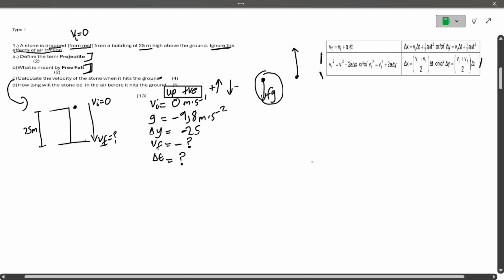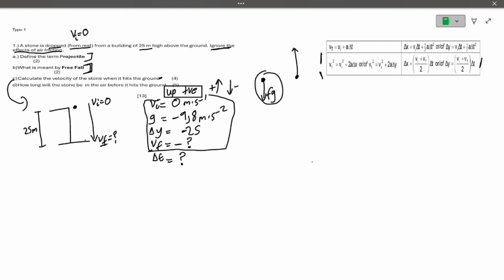So let's see a formula in which we can plug all these variables, and then we find the v final. This one you cannot use because there's time. Let's come to this one. This one you can, because every variable is there: we have the final velocity, we have the initial, we have the acceleration, change in y.